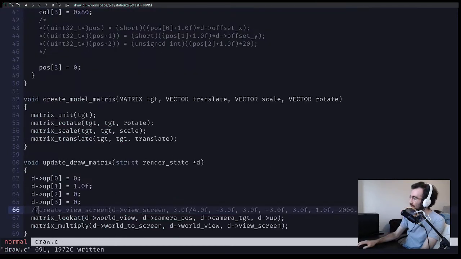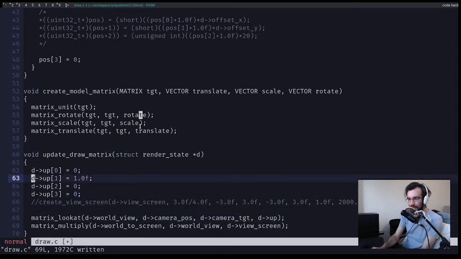So let's do our old friend, copy something that's worked before. Look at multiply viewport by projection. Viewport projection.